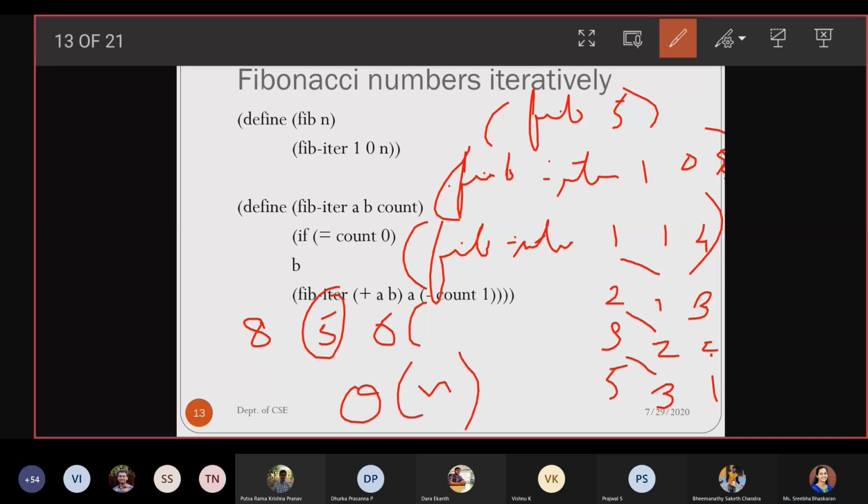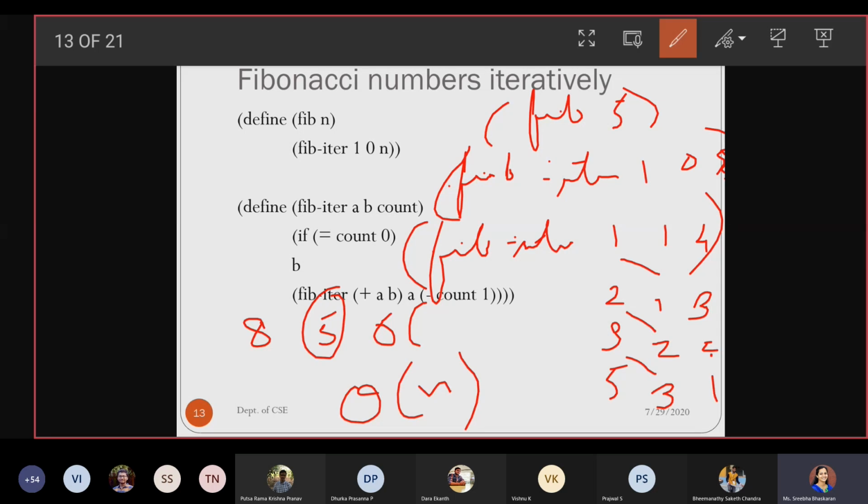How about the space? Is there anything extra which you have to account for? No. Here only the argument values. Each time you are calling, the argument value is getting modified. But is the number of arguments changing? No. It always remained 3.